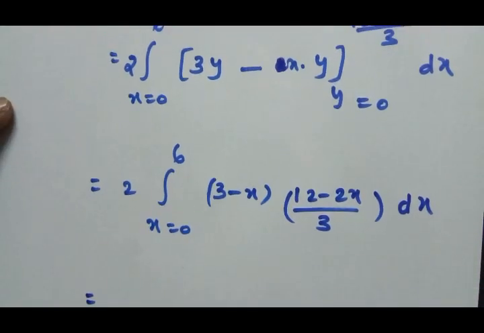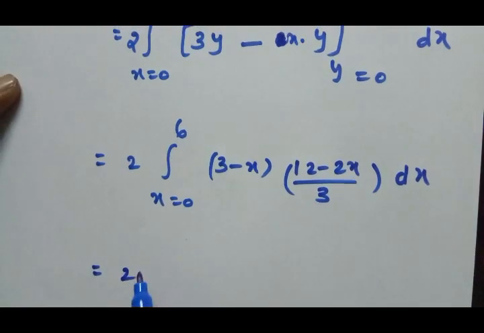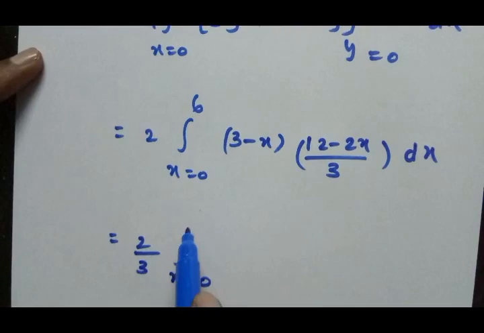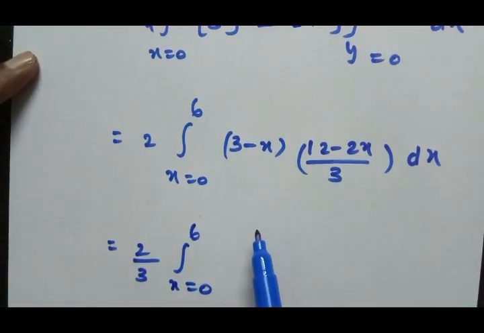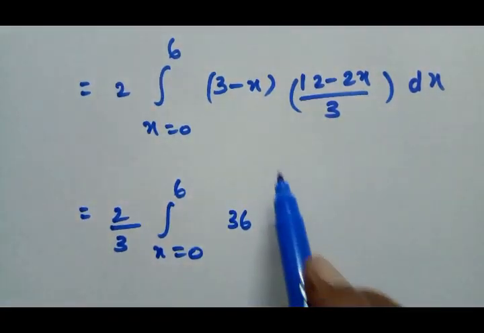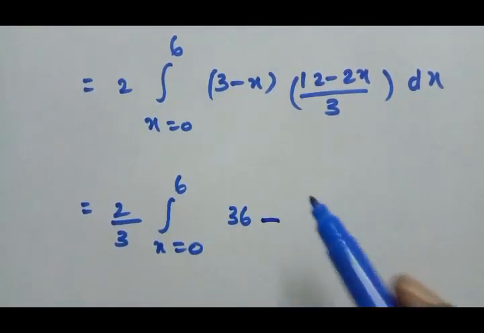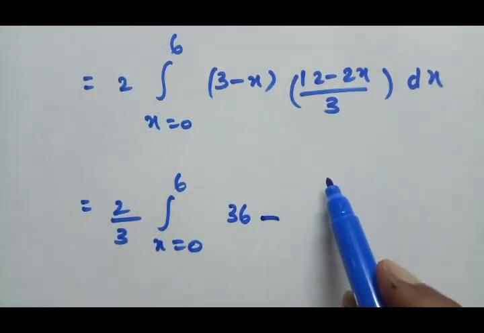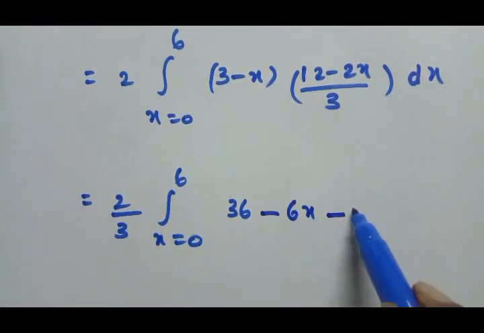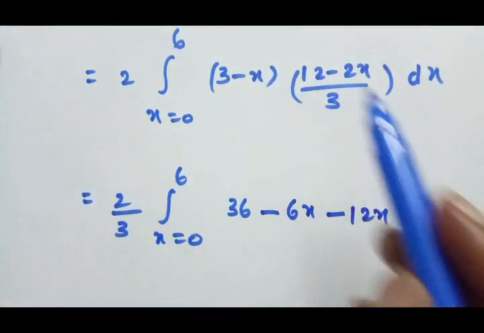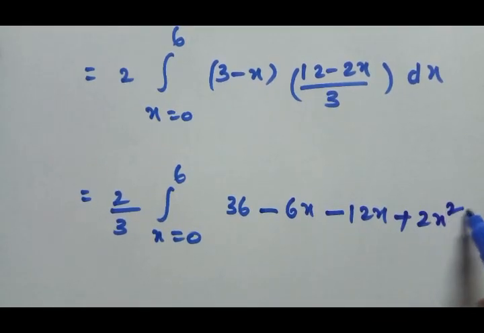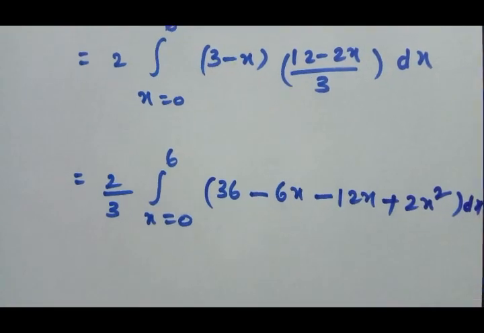Therefore this can be written as 2 by 3 integral x is equal to 0 to 6. Now multiply 12 into 3, 36, 36, 3 into 2, 6x minus 12x plus 2x square into dx.